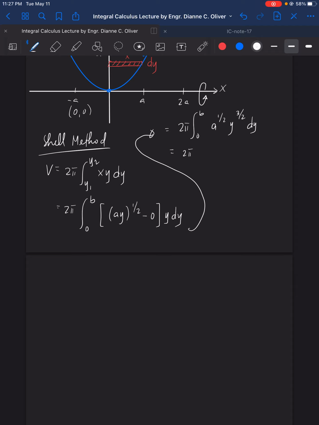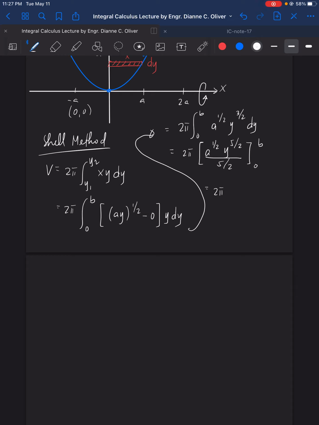Therefore 2 pi a^(1/2), then y raised to 5 over 2 all over 5 over 2. Limits 0 to b. Then we need to substitute.